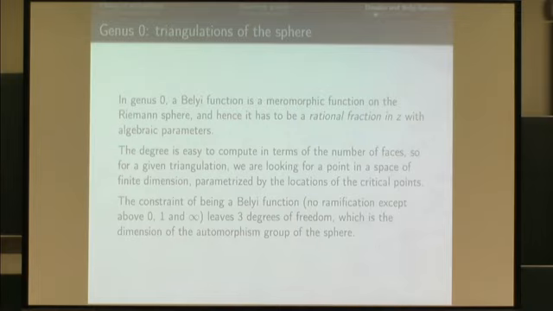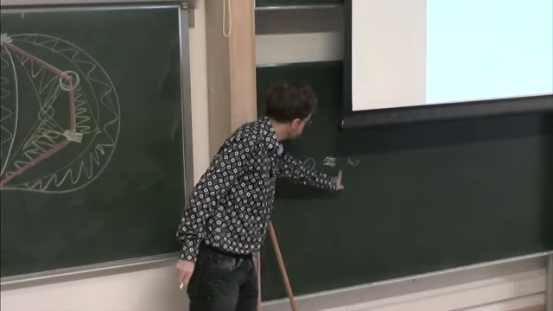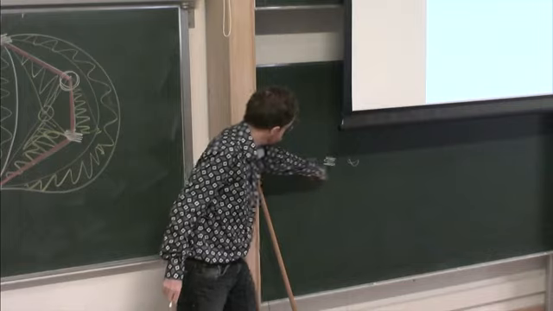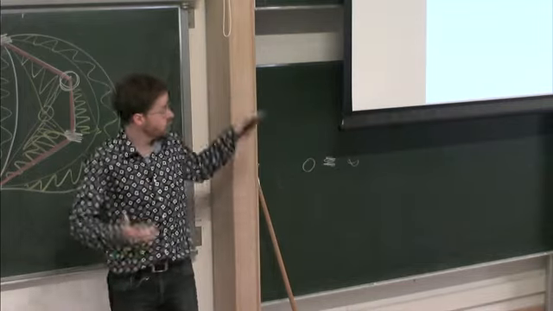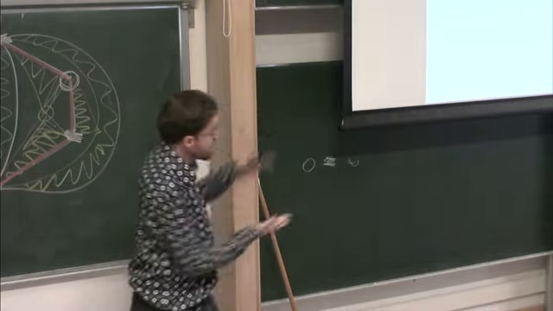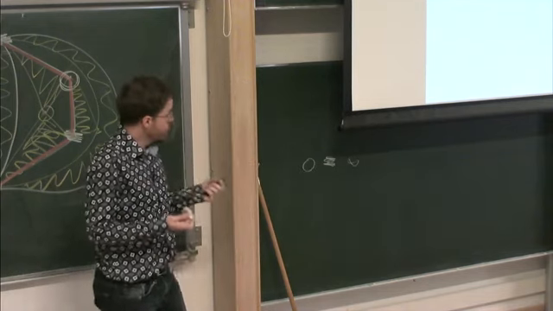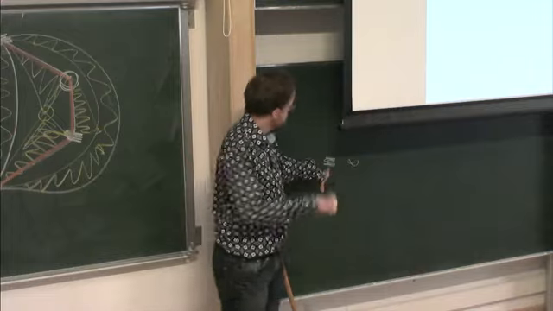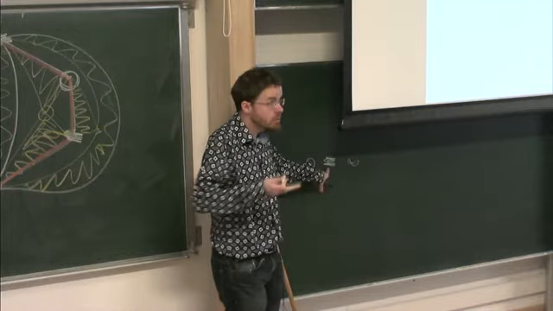You build the rational fraction out of the zeros and the poles. So you just compute the ratio. And you look at what you see at the locations that should be sent to 1. The value is supposed to be 1 and the derivatives should be 0 to the right order.